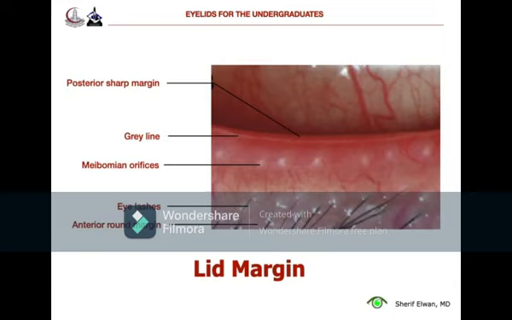Now, the lid margin is the point of meeting of the lining, which is the conjunctiva, and the outer part, which is the skin. And as you can see here, the lid margin is composed of a posterior sharp margin and an anterior rounded margin. The posterior sharp margin helps in spreading the tears over the globe.